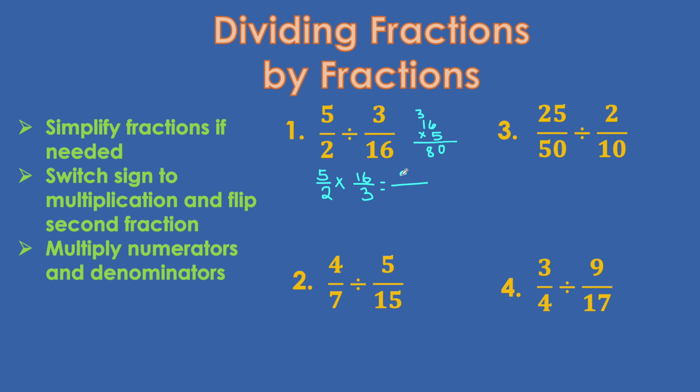Our numerator is 80. Multiply denominators. 2 times 3 is 6. And we have an improper fraction, meaning the numerator is larger than the denominator. So we have to convert it into a mixed number by doing a long division problem.